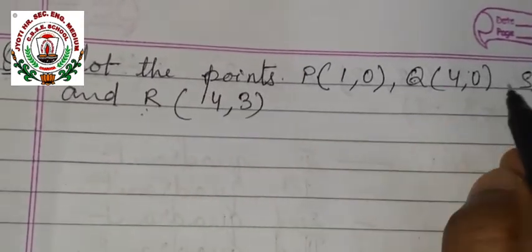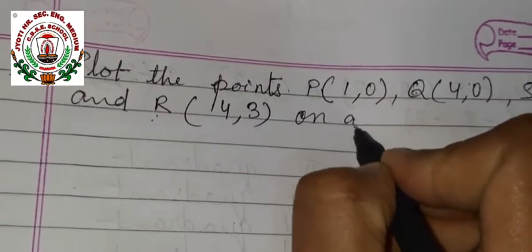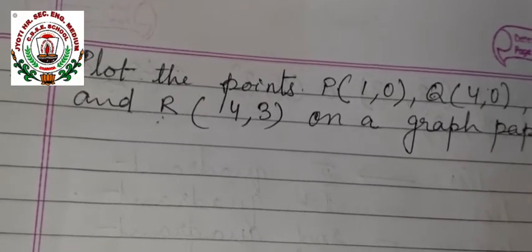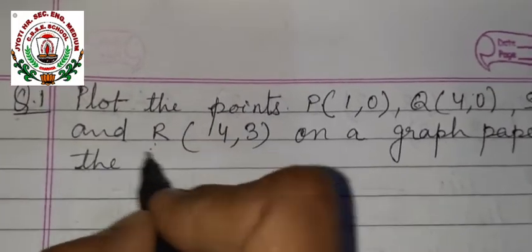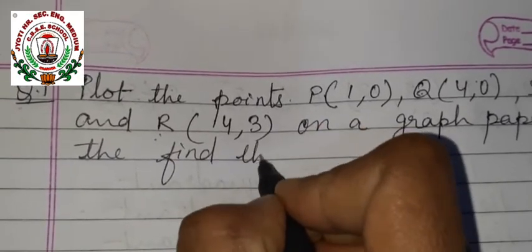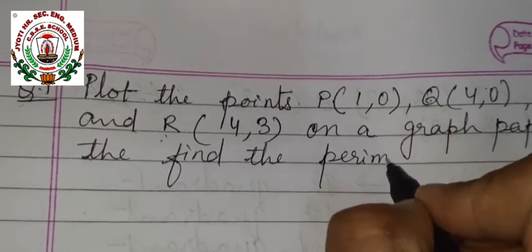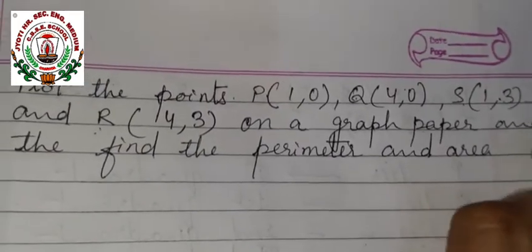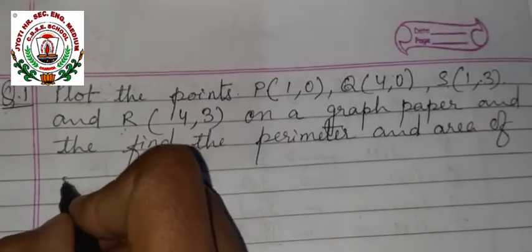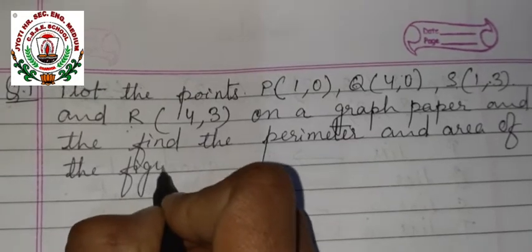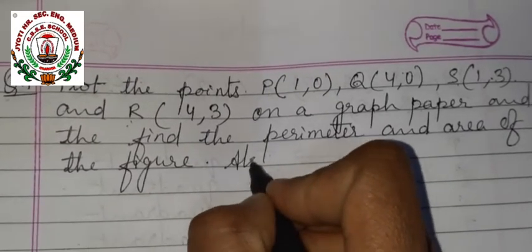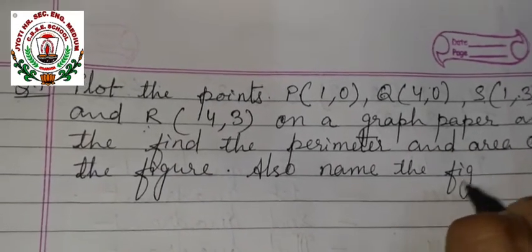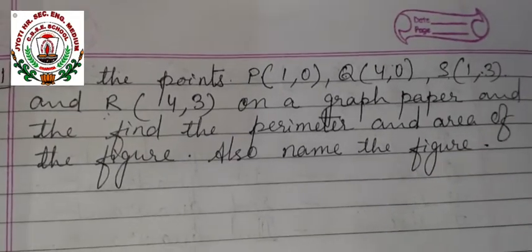Plot these points on a graph paper and then find the perimeter and area of the figure. Also name the figure. Okay, now see that.